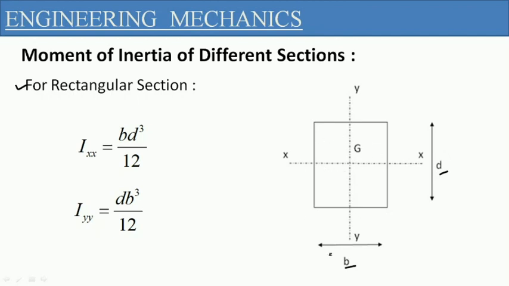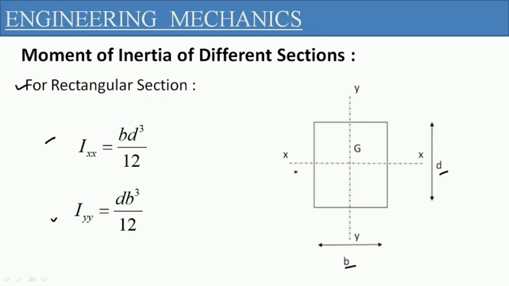According to these two dimensions, we can define the exact formula or value of moment of inertia about both the axes, about x-axis and about y-axis. And if we are defining the moment of inertia about the third axis, that is z-axis, it will be polar moment of inertia. For that we need these two values only. So the third value Izz we can define as the summation of these two, Ixx and Iyy.